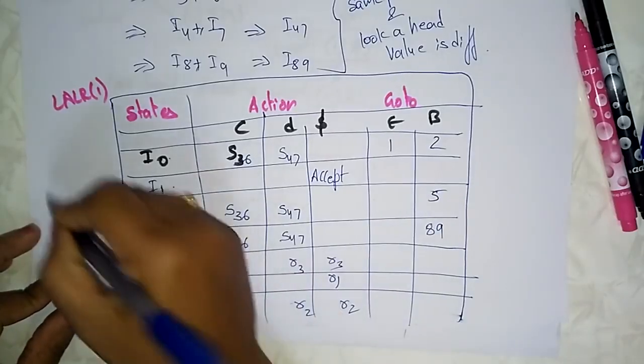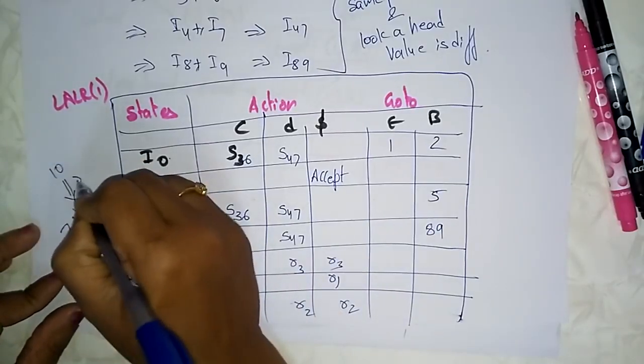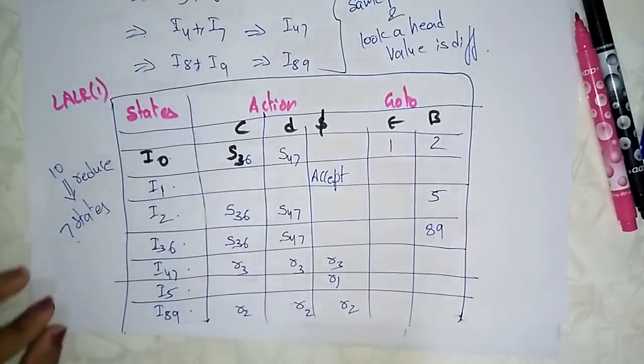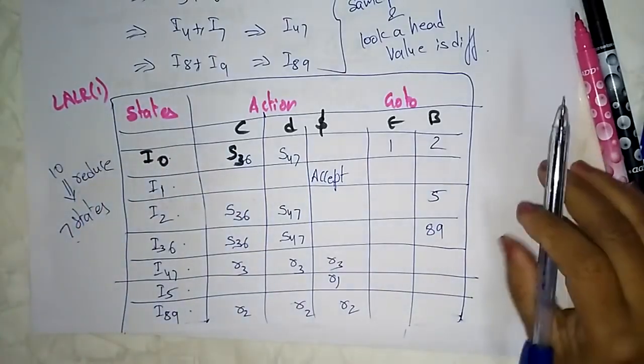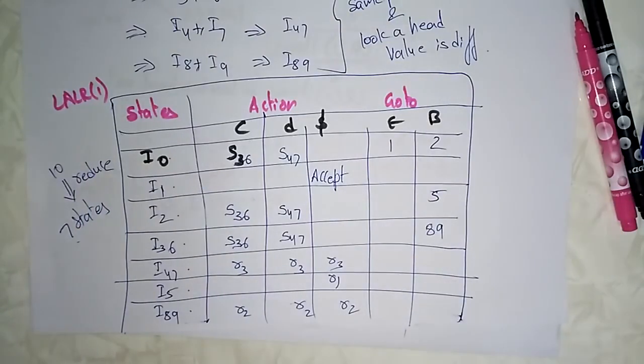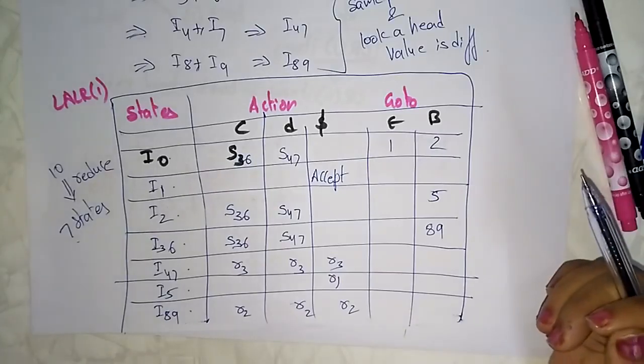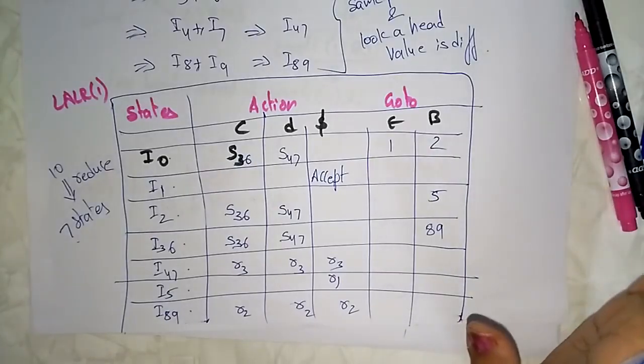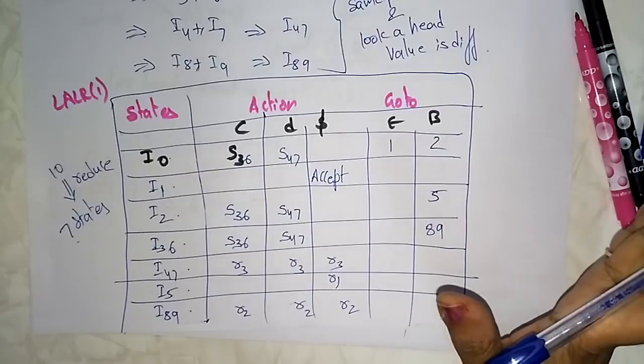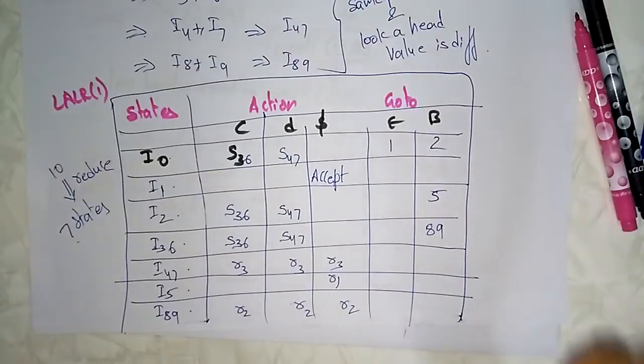It's reduced from 10 to 7. Okay, so this is the main difference between LALR and CLR. We have reduced the states by merging and by replacing the same productions with different look ahead values that we merged.